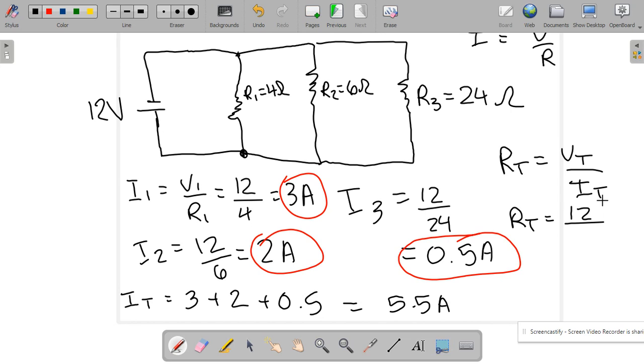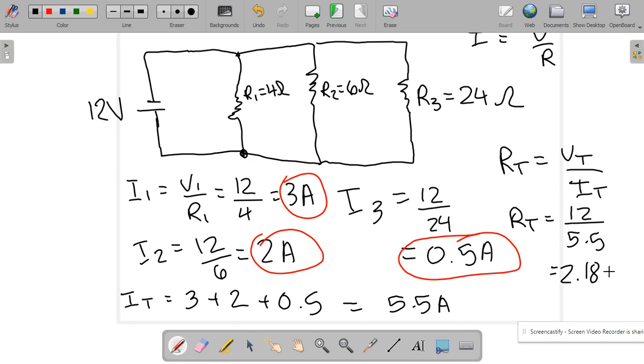over the, what's the current? 5.5 is our total. Now, 12 divided by 5.5 is equal to 2.1818 ohms. So we're going to go with 2.18.